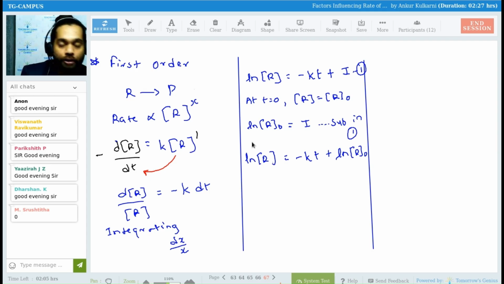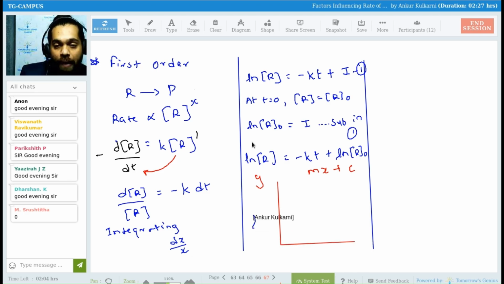No Vishwanath, it will be not that. You can substitute the form of our straight line, y = mx + c, isn't it? Plotting the graph should be the most easy thing.